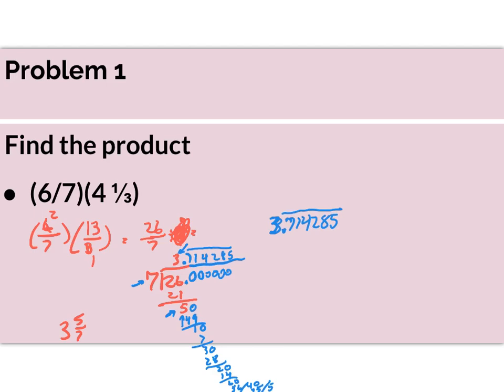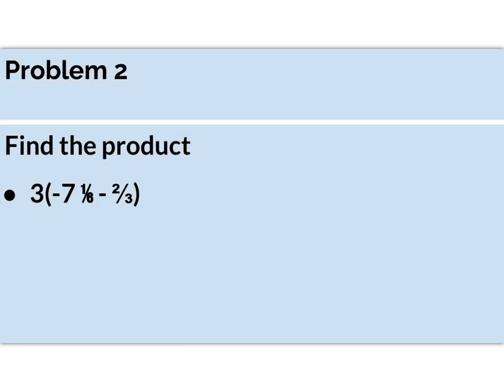Okay. One more problem. Find the product. Again, we're just going to deal with the inside, and I am not going to turn these into decimals because I know that 6 repeats and 3 will repeat.